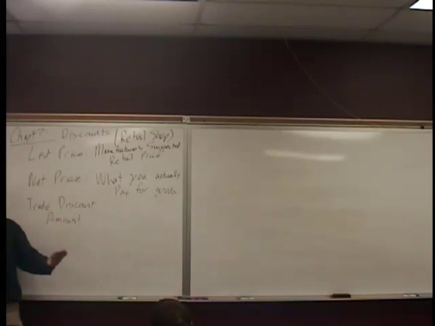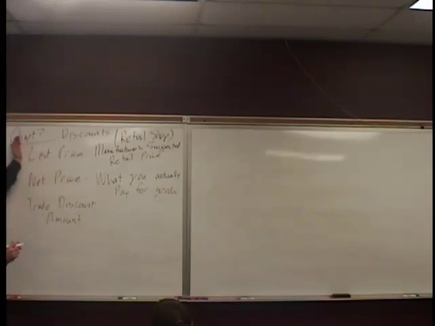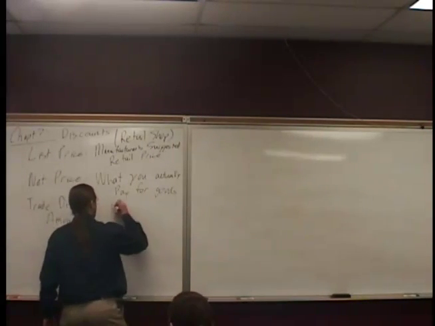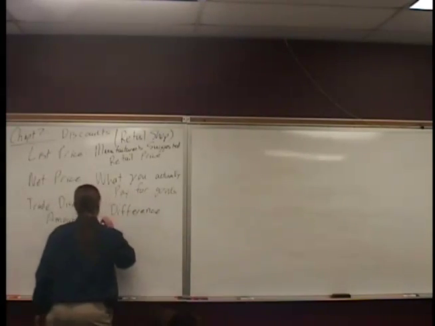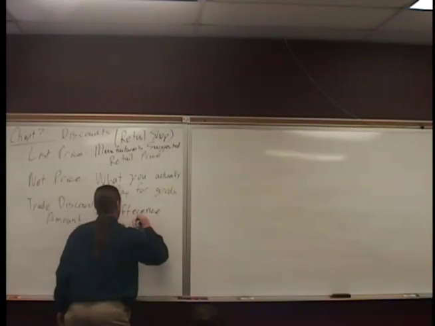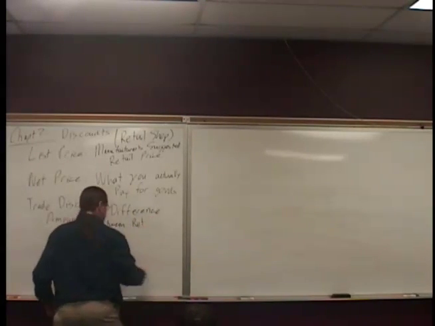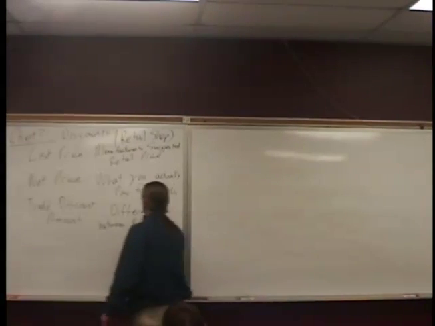The problem with students a lot of times is they tend to look at this and think, well, if I'm buying something, I should be getting something out of the deal. Stop yourself. You're a business owner. That's your concept behind this. Trade discount amount, folks, is just the difference between the list price and the net price.